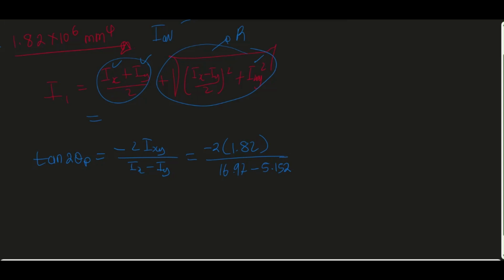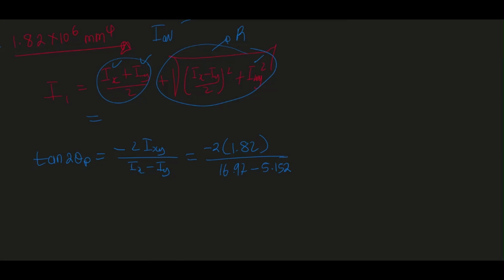You can see I'm skipping the 10 to the power 6 because it doesn't make a difference here, just to give the same answer. So minus 2 times 1.82 divided by 16.97 minus 5.152 gives minus 0.309.